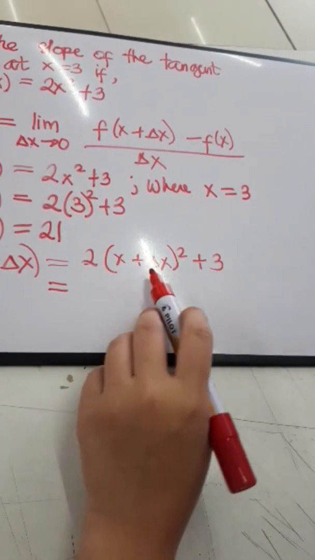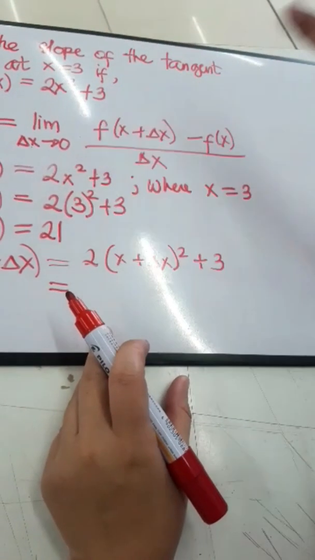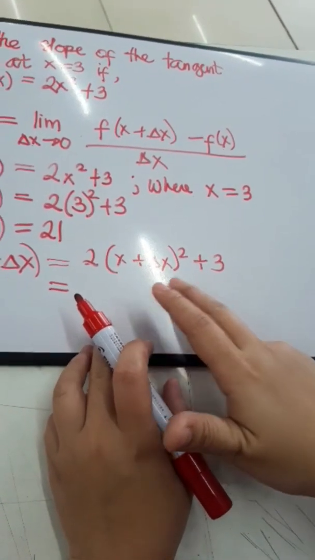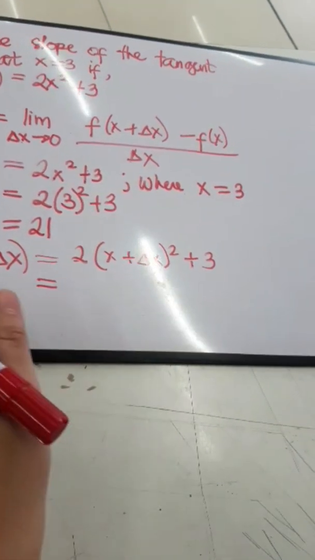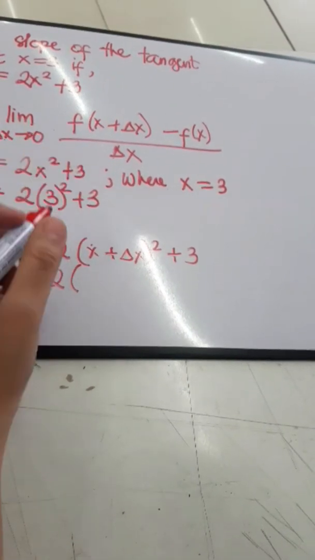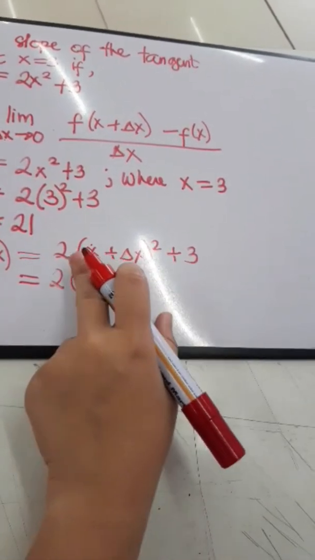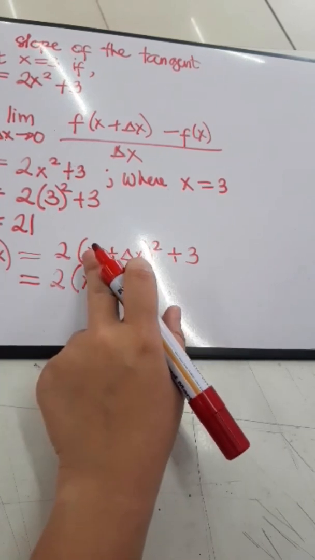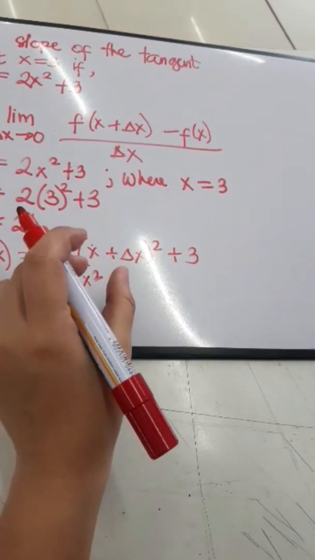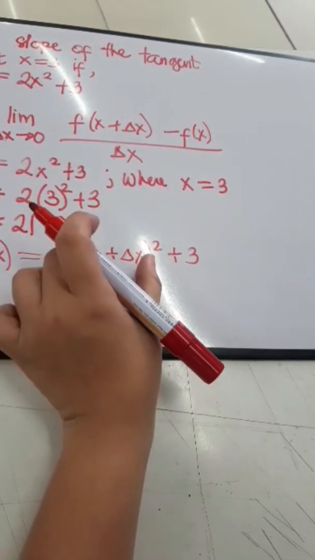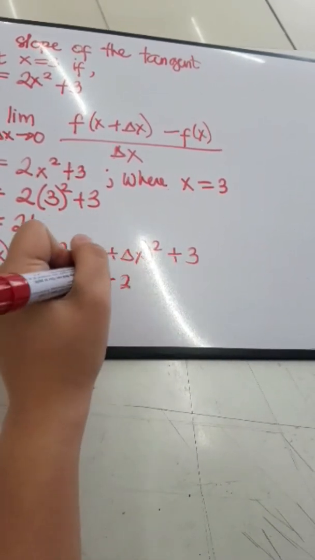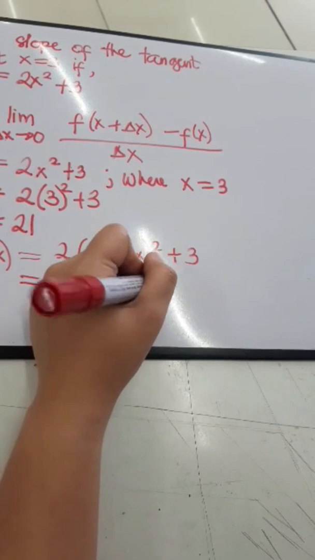Let's expand the expression (x plus delta x) squared. So x times x is x squared, delta x times x is positive x delta x. Times 2, because there are two x delta x terms, so plus 2x delta x.